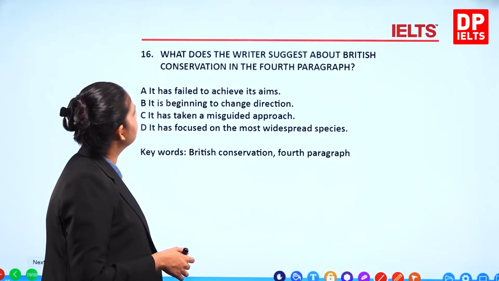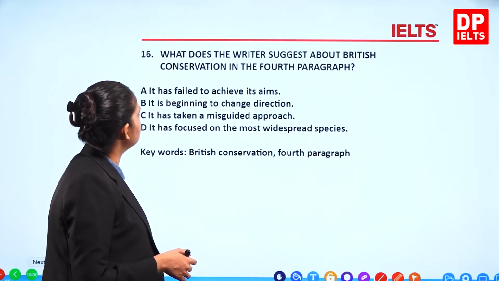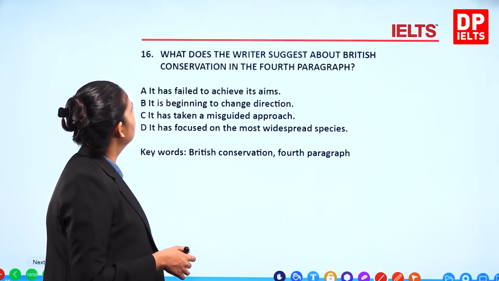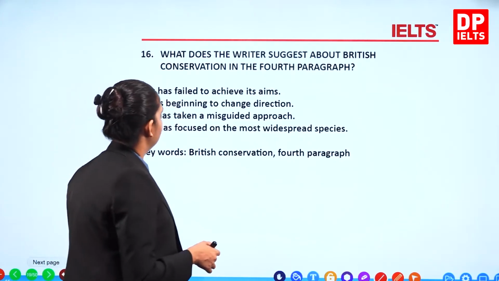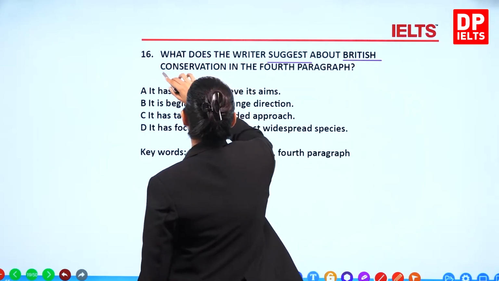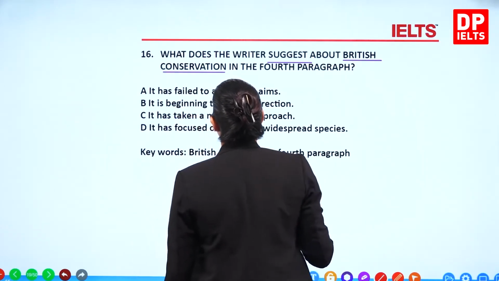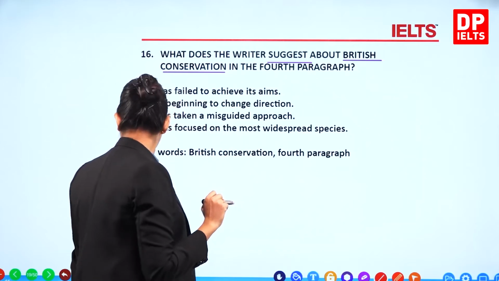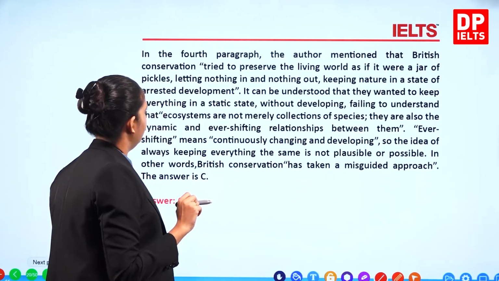What does the writer suggest about British conservation in the fourth para? It's a suggestion about the British conservation, right? So let's go and see, and it's in the fourth para.